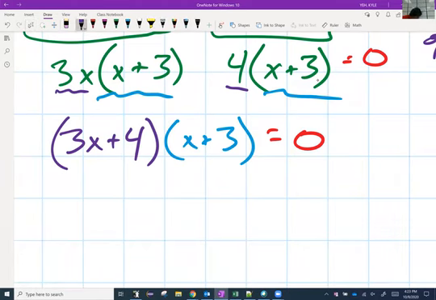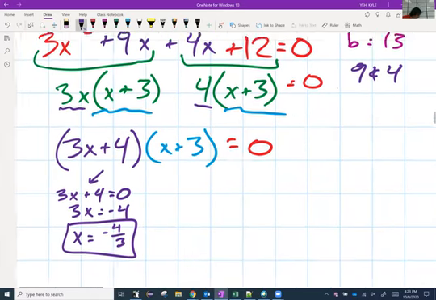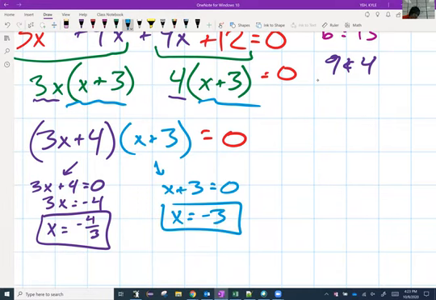So either 3x plus 4 has to be 0, which means that 3x is equal to negative 4, which means that x equals, divide by 3, negative 4/3. Or x plus 3 equals 0, which means x equals negative 3. And there are my two answers.